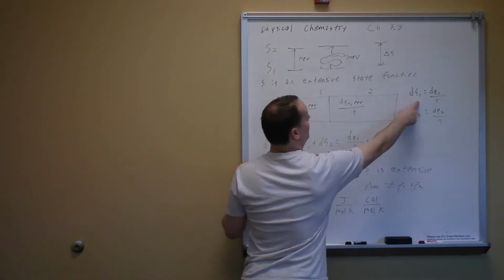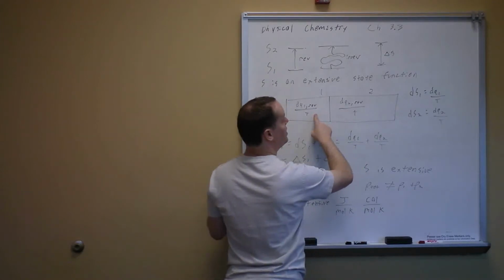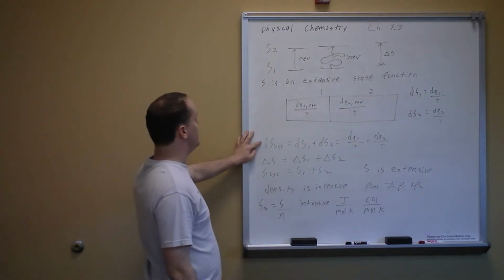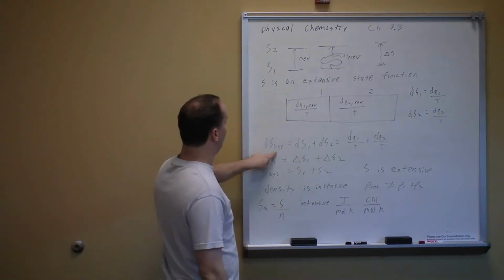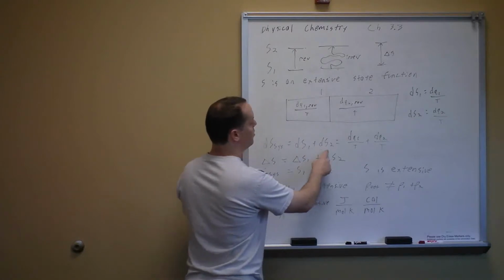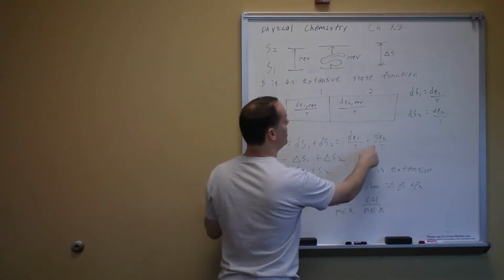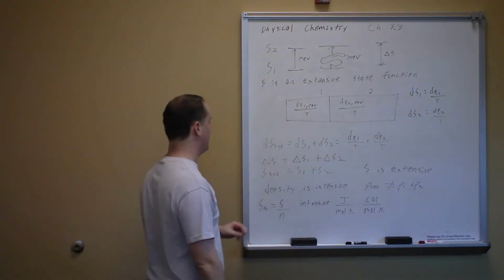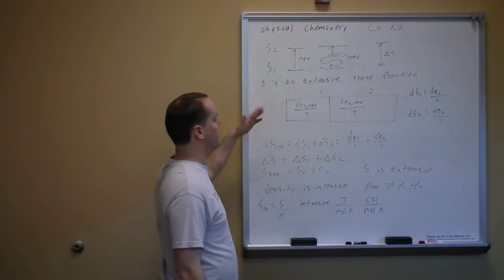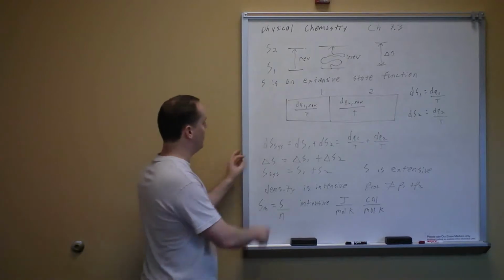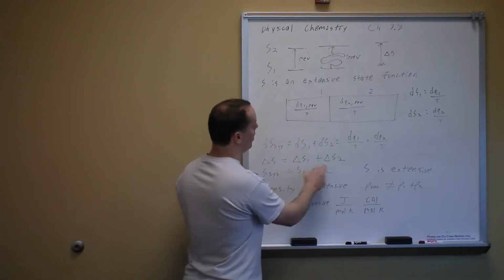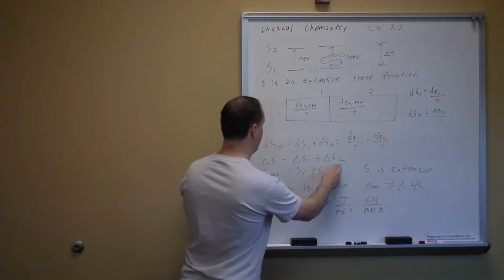So dS for 1 would be dq1 over T, and dS2 would be dq2 over T. So the dS for the whole system, SYS is system, remember, is just dS1 plus dS2, or dq1 over T plus dq2 over T. So if you integrate that over a certain amount of time or whatever for a process, then you'll get the change in entropy is equal to the change in entropy for part 1 plus the change in entropy for part 2.